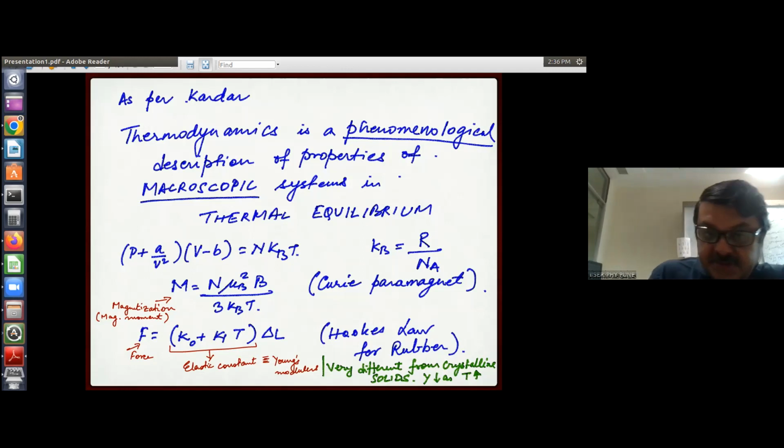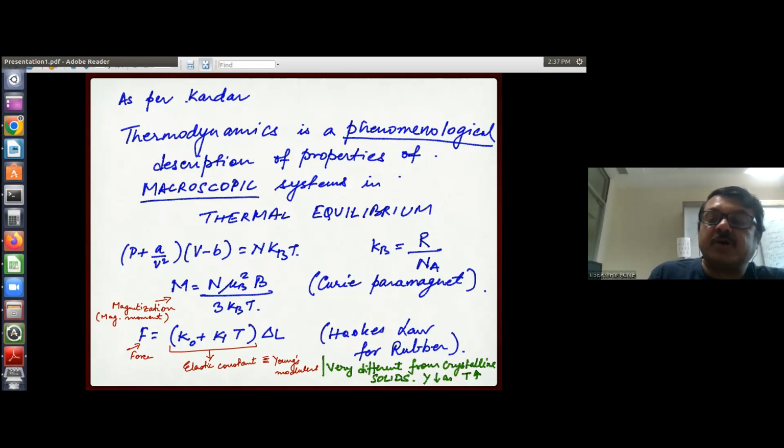Interactions between molecules start to play a role. And then you have the van der Waals equation of state, that if you change pressure slowly, volume will change or temperature will change, right?